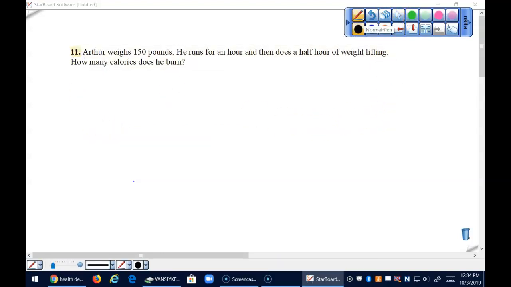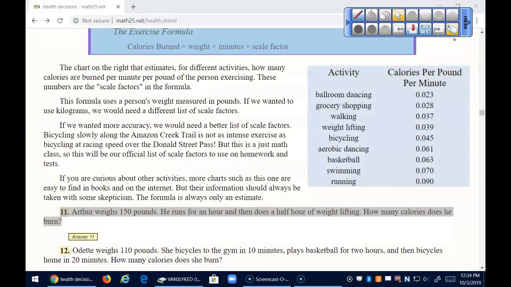He runs for an hour and then does half an hour of weightlifting. How many calories does he burn? What do we need to do? What is the scale factor? Yeah, we have to go back.